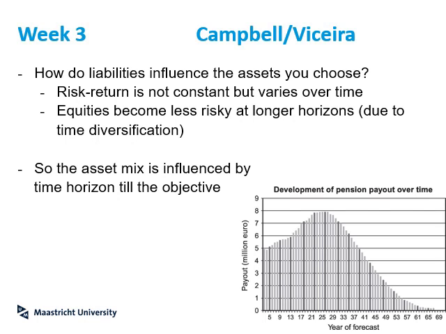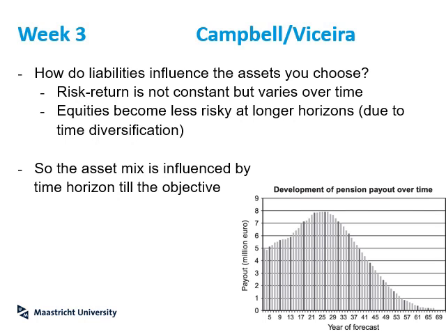They can go up and down quite a bit, with a high standard deviation. But as soon as you lengthen the horizon, the risk of equity goes down. And why is this happening? This is because of time diversification. So the longer the horizon you have, the more time you have to wait and invest, the lower the risk of equities becomes. And this was an important insight from this article.